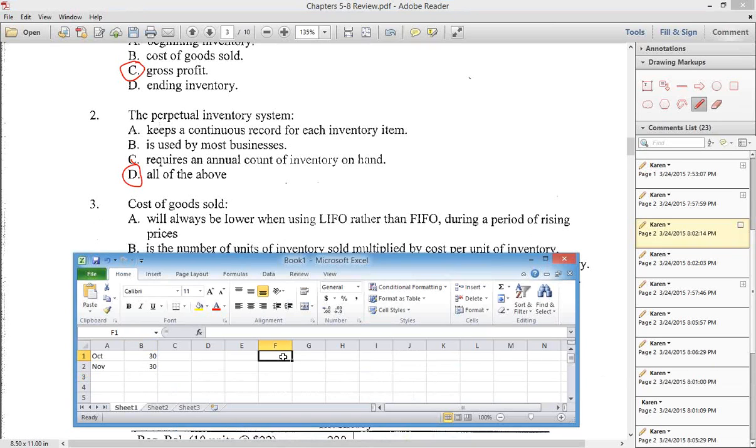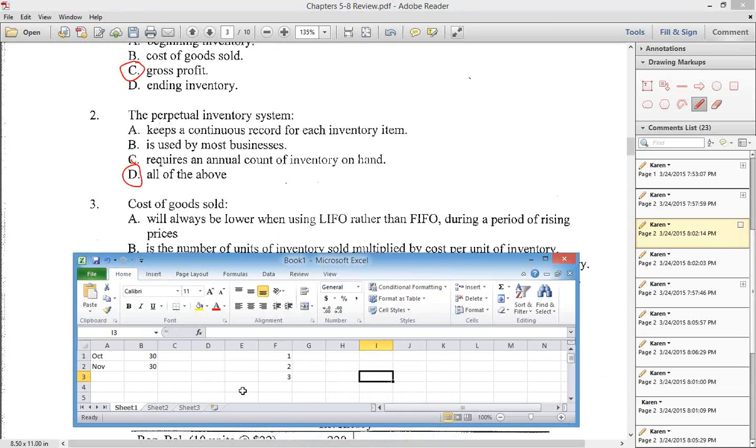So as a visual person, I have to sometimes give myself examples when I'm taking a test. So if I was going to look at this question and I wanted to eliminate A, I'm saying my cost of goods sold will always be lower when using LIFO rather than FIFO. So I'm just going to say, okay, I have some inventory. It cost me $1, $2, then $3, right?